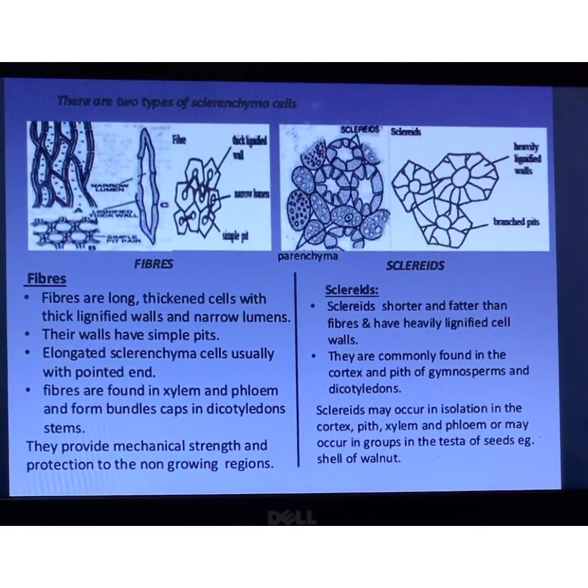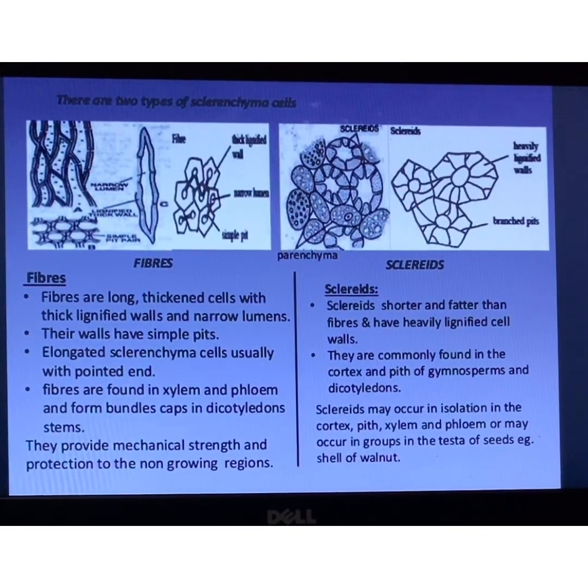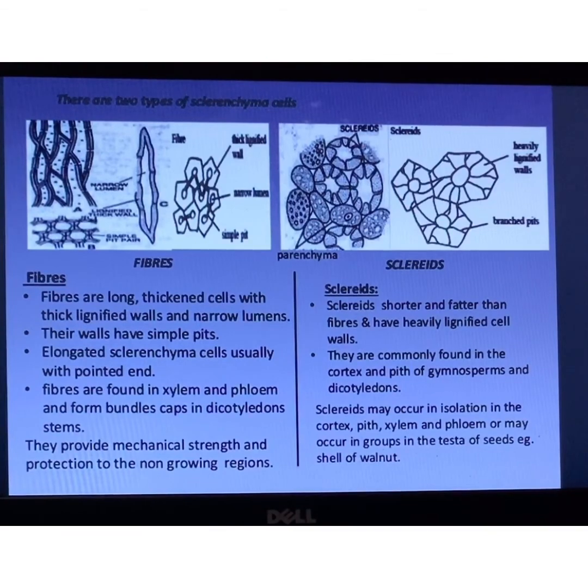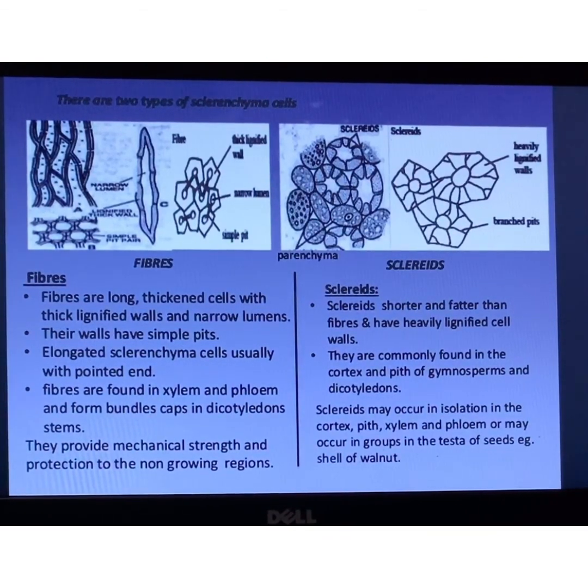Okay, they provide mechanical strength and protection to the non-growing regions. The regions which are not growing, there these fibers, the sclerenchyma fibers, are providing strength or mechanical support. Is that clear?